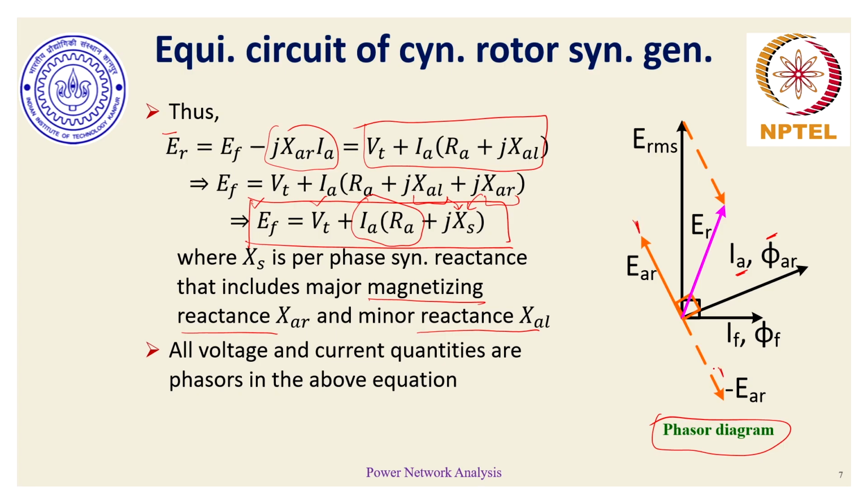Now in the case of a salient pole machine, where the armature current IA is decomposed into direct axis current ID and quadrature axis current IQ, each would also have its corresponding armature reaction voltage.